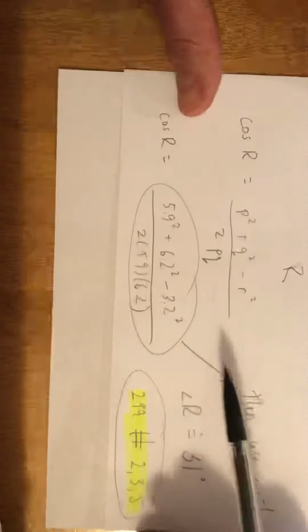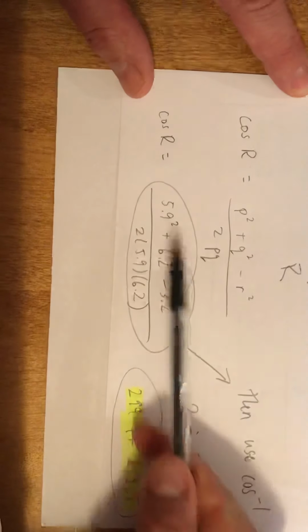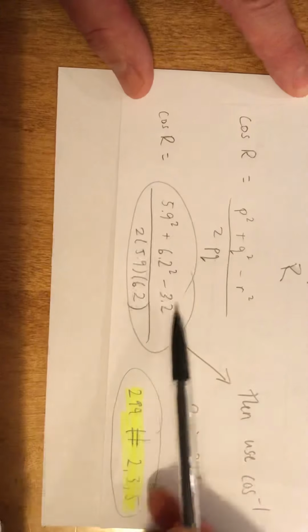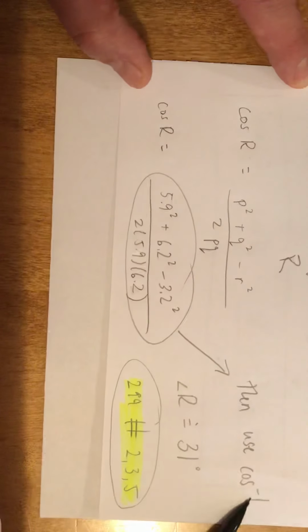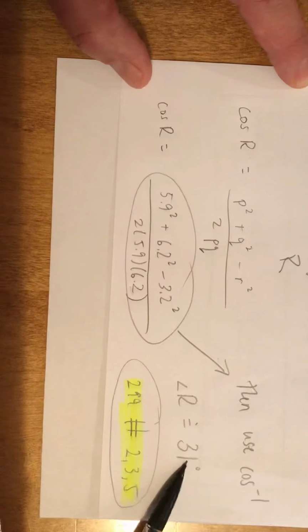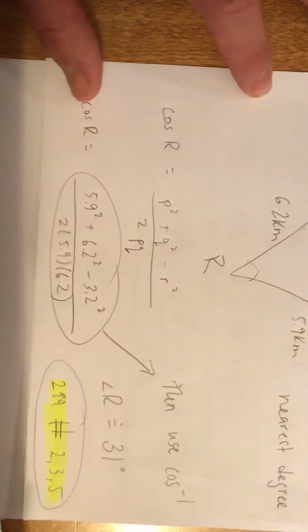Then that is what it looks like when you insert all the numbers. And again, use your calculators to get a number. This is going to be a decimal. Once you get that decimal, use the inverse cos, or cos to the negative 1, and you'll find that angle R is 31 degrees. So practice those.